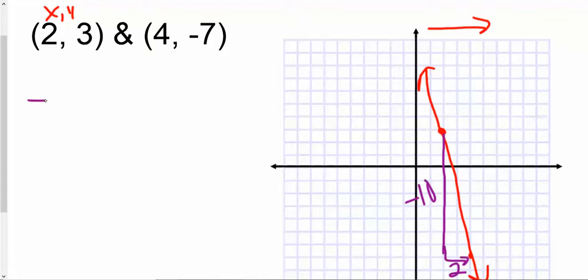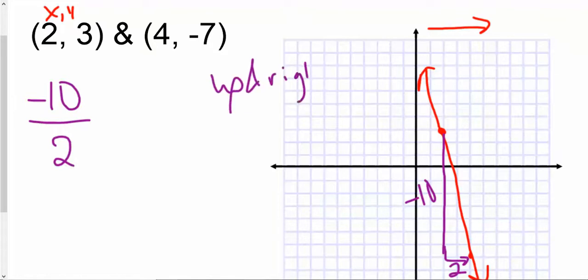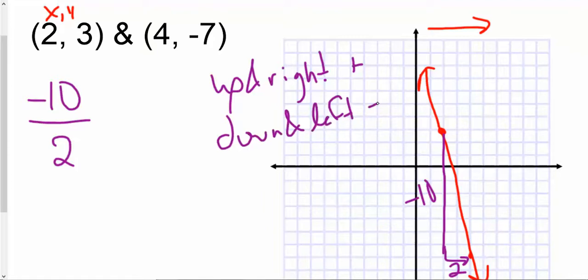Right and up are positive, and down and left are negative. So went down 10 to the right 2. This gives us a slope of -5.